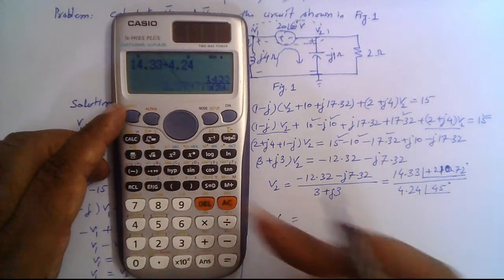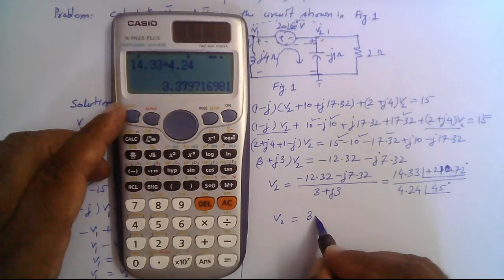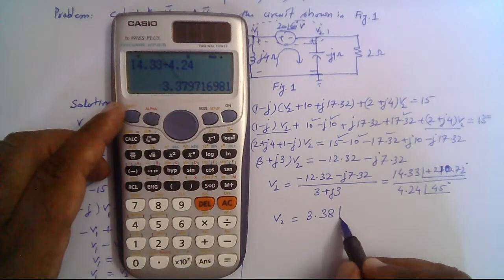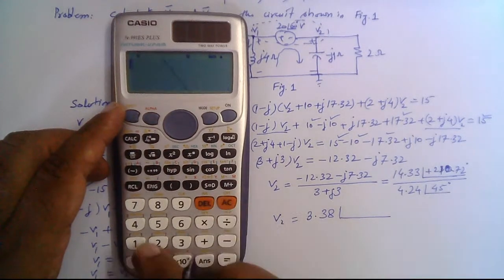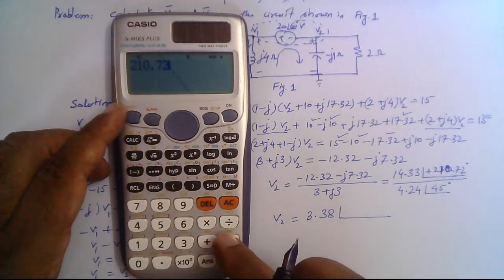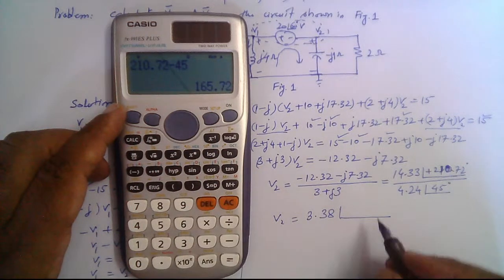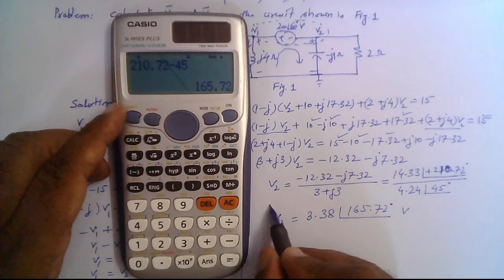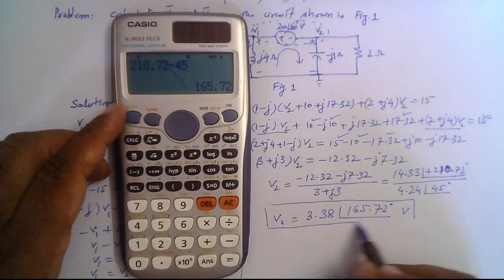That is basically 3.38, right? At the angle of 210.72 minus 45. So that is basically 165.72 degrees volts. So that is the voltage here that we get.